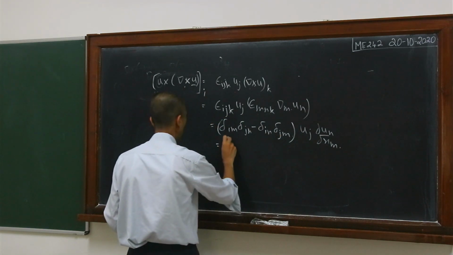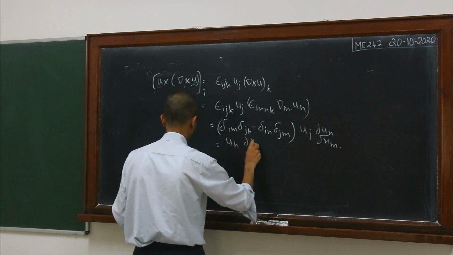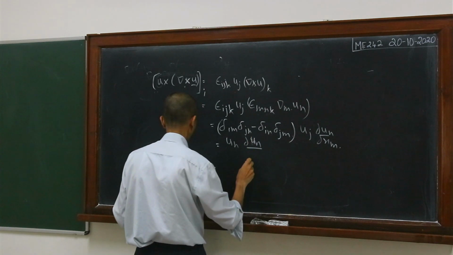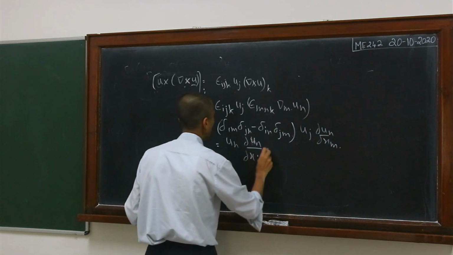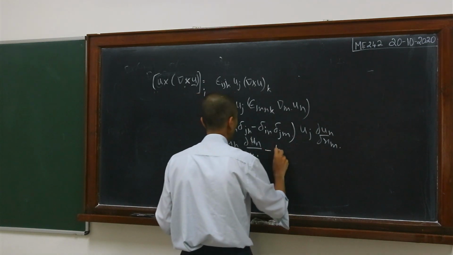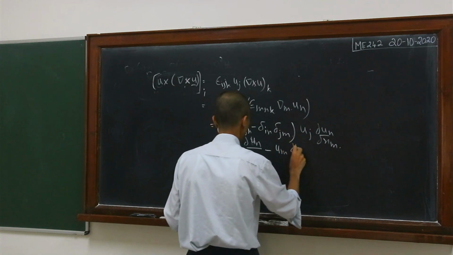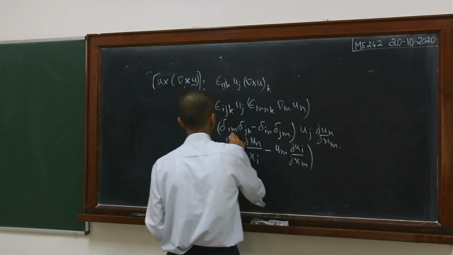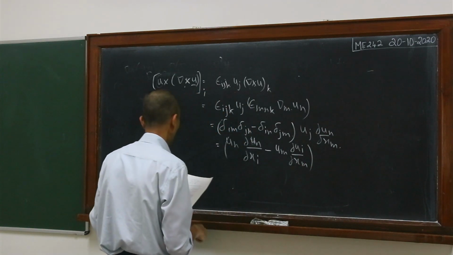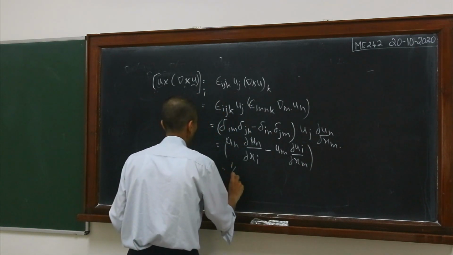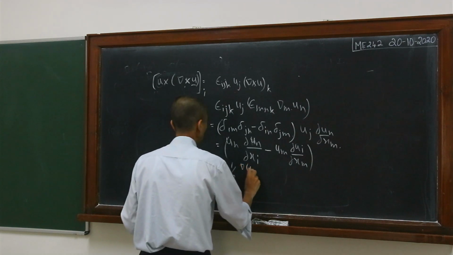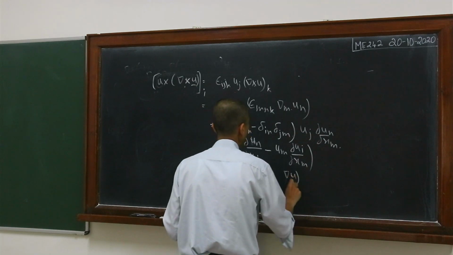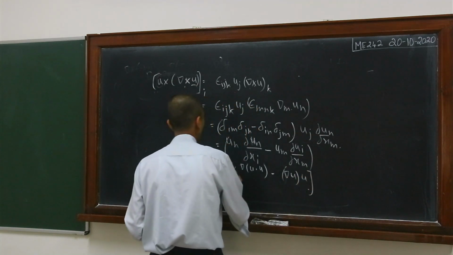So this is un times del un by del xi minus um times del ui by del xm, and this you can write as half of del of u dot u minus del u times u, the ith component here.